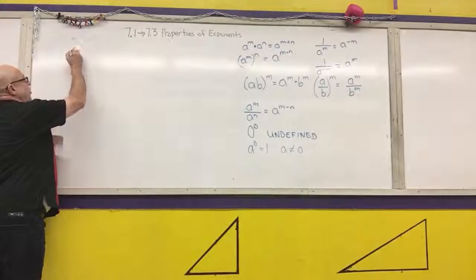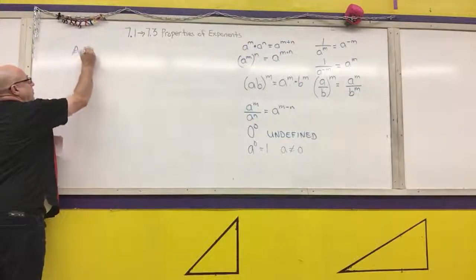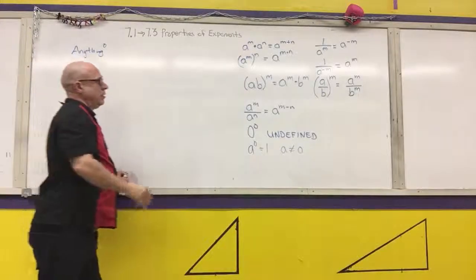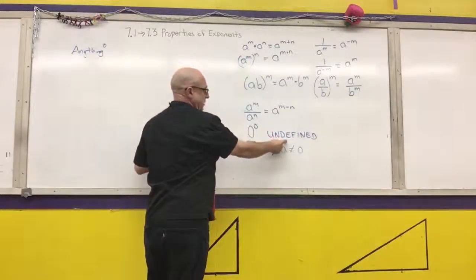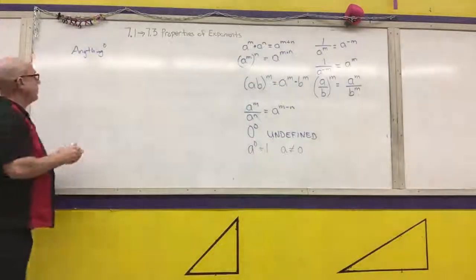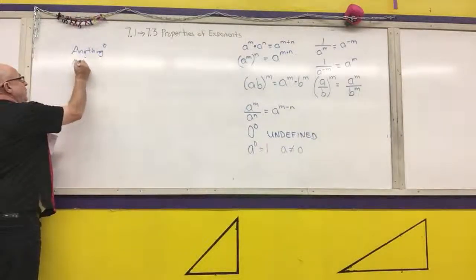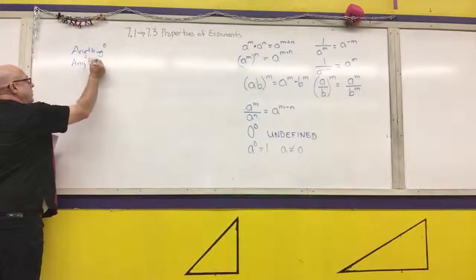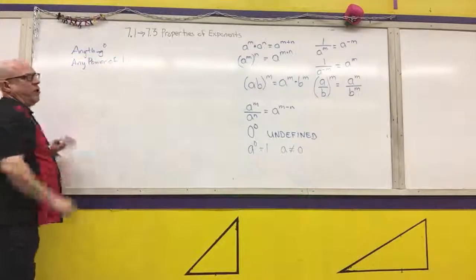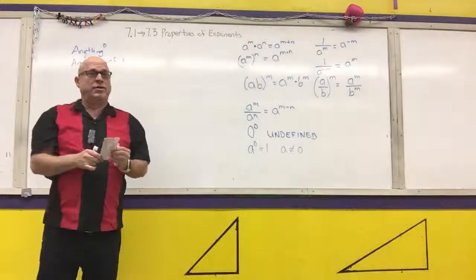So any number to the 0th power. If it's 0 to the 0th, you're going to tell me it's undefined. Any other number, you're going to tell me that it is 1. Any power of 1 is just 1.